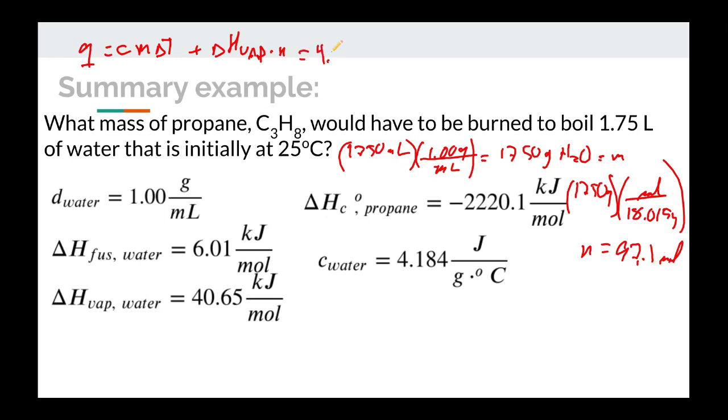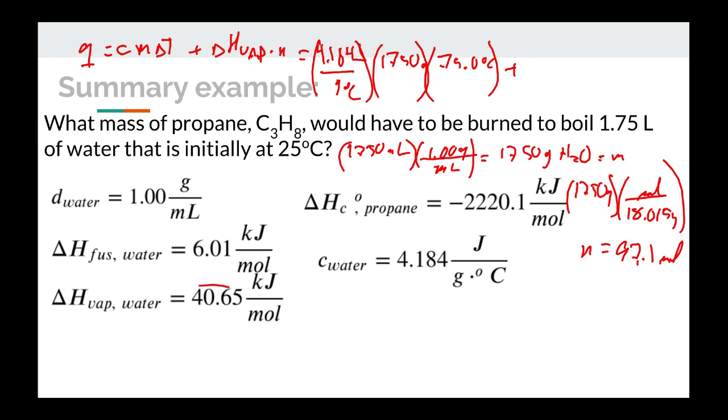For water, 4.184 joules per gram per degree C is the specific heat capacity. We have 1,750 grams. And to get to the boiling point, we're going to have to go up by 75 degrees C, because we were at 25 and water boils at 100. Plus the heat of vaporization.